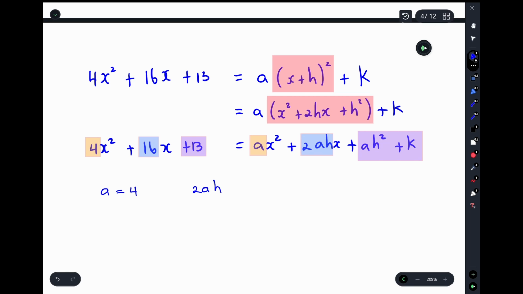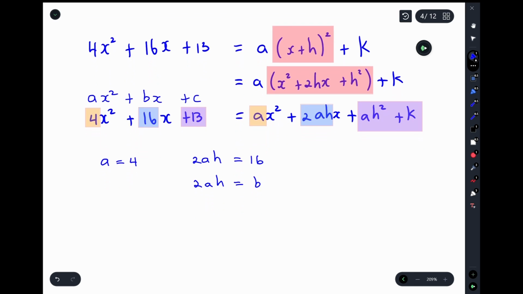On the left hand side, it is 16, or b. Now remember, our quadratic is of the form ax squared plus bx plus c. So 2ah is equal to b. And when we make h the subject of the formula, h is b divided by 2a. And that is where we got this formula from.